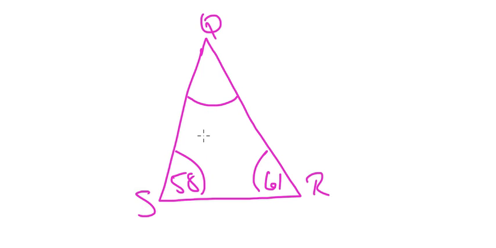The total of the triangle is 180. Yep. How do I do that, Jake? Dave, you want to help him? 180 minus what?